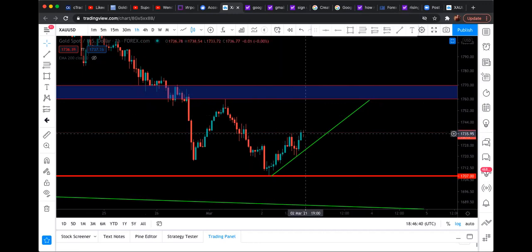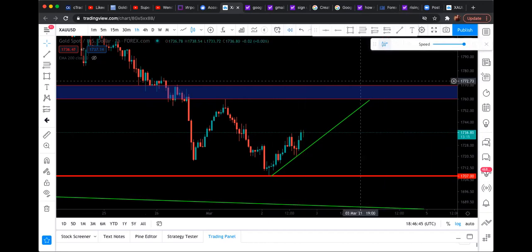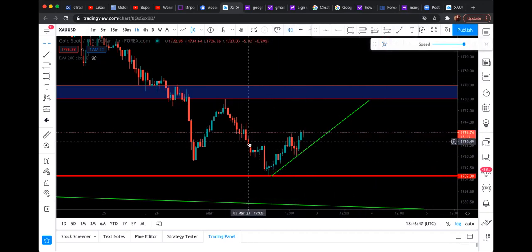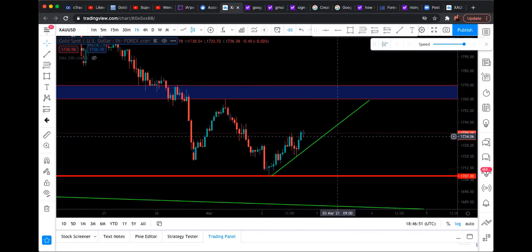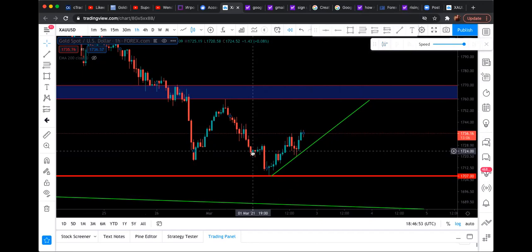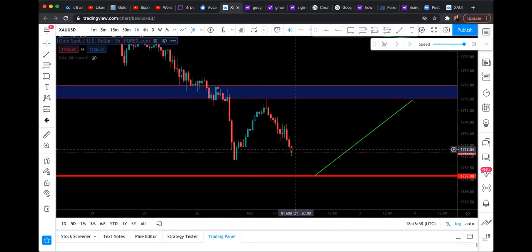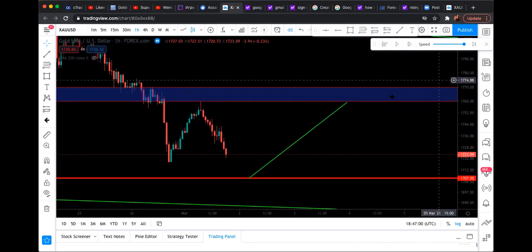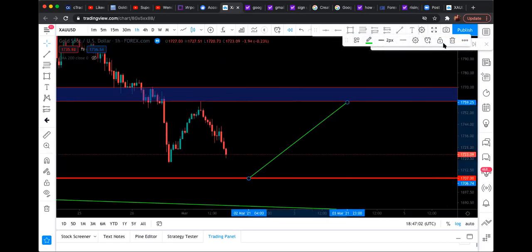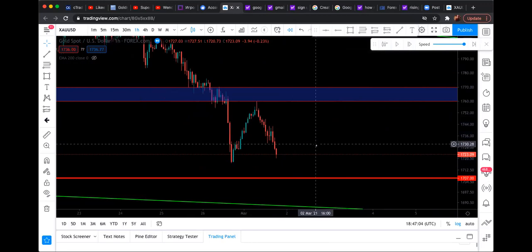So let me cut some part off. Maybe here. Let me cut this whole area here off. All right. So we have cut some part areas off. I want you to see that.